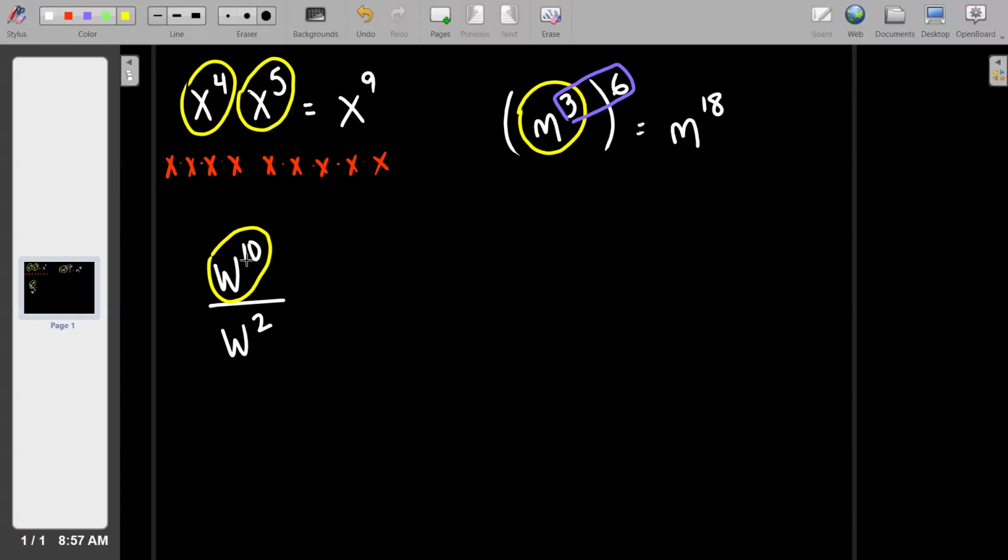That's a power. And this is a power. The 10 and the 2 are not the powers. They're the exponents, okay? If you have a power and you divide it by another power, provided that the bases are the same, which they are, they're both W's, then I keep the base the same and I subtract the exponents. 10 minus 2 is 8.